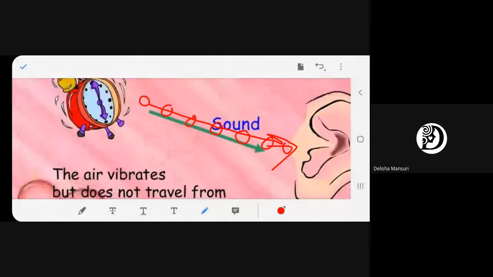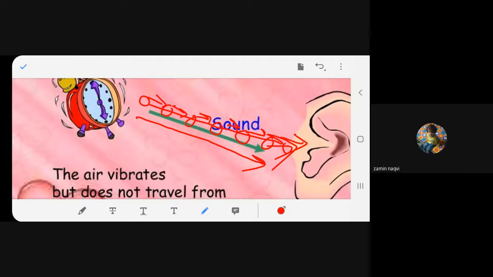Do you understand? What is actually happening? The particles are not traveling, but something is moving. What is moving? The message is moving from one particle to the other particle, and then it reaches our ears.